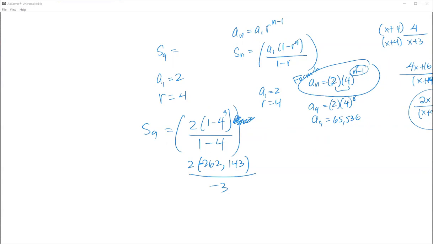That's 262,143 times 2 divided by 3, which is 174,762. Okay, so that's the sum of the first 9 terms.